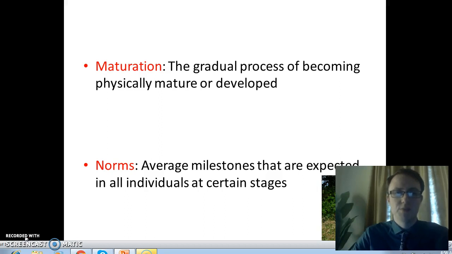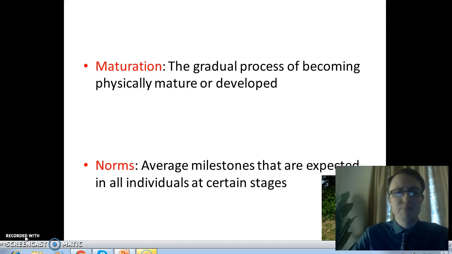You can see it comes from the word mature. In this situation, we're talking about an internal body clock which tells the body when to show a certain feature. An example could be when the baby's first teeth start coming through, or when they fall out a few years later. These are all examples of maturation.